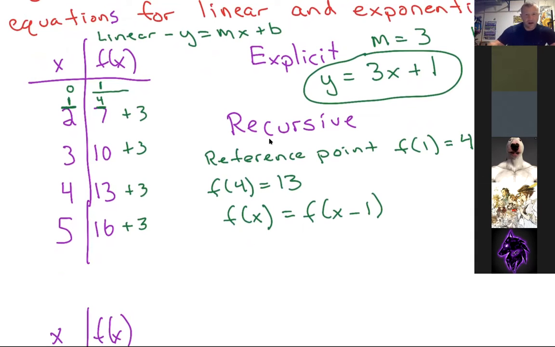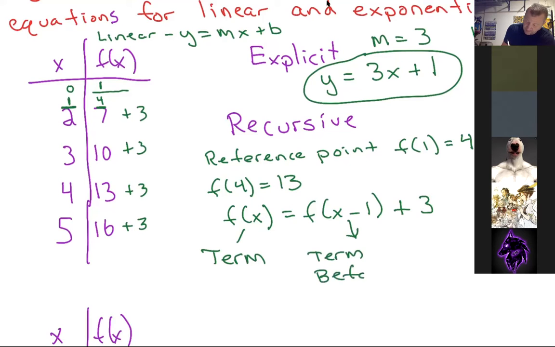We were adding 3, plus 3. That's it. So let me try to explain the notation. To get a term, we take the term before and add 3.